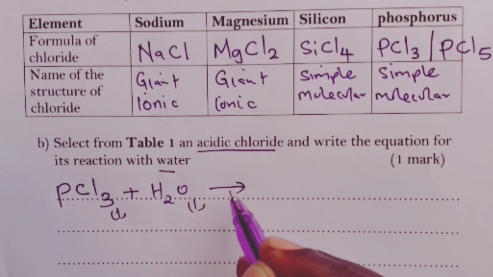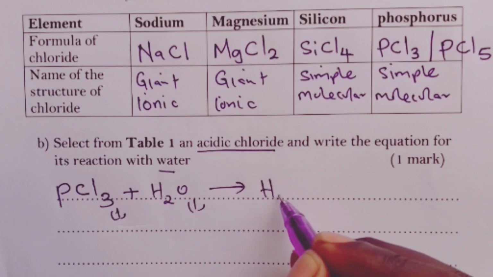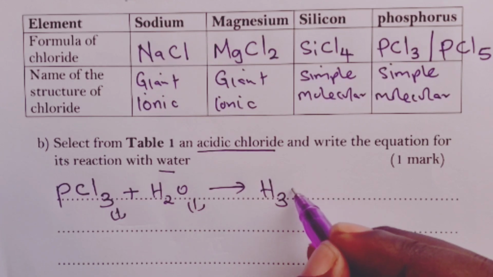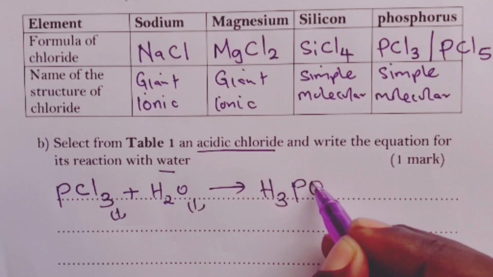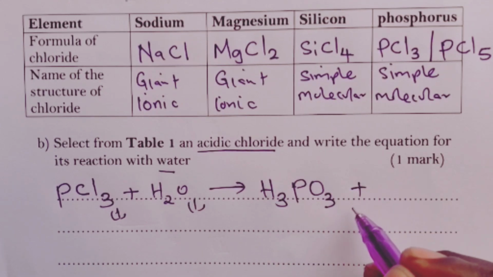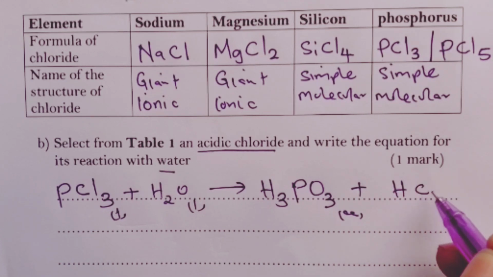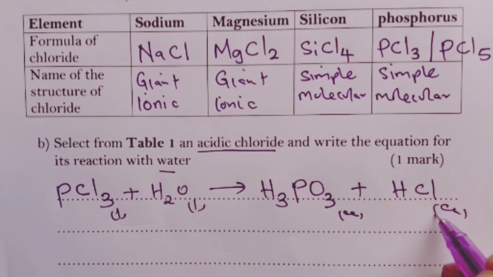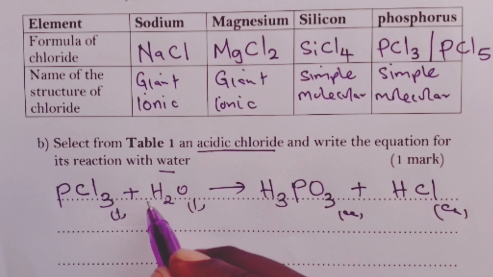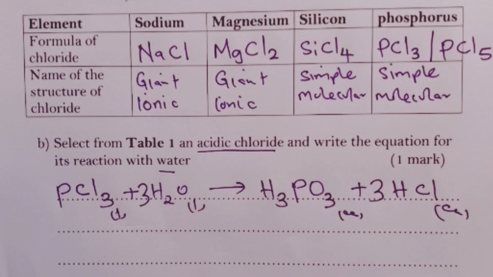We shall form phosphoric(III) acid with the formula H3PO3, and this would be accompanied by hydrogen chloride or hydrochloric acid. We would balance with a 3 on water and a 3 on hydrochloric acid.